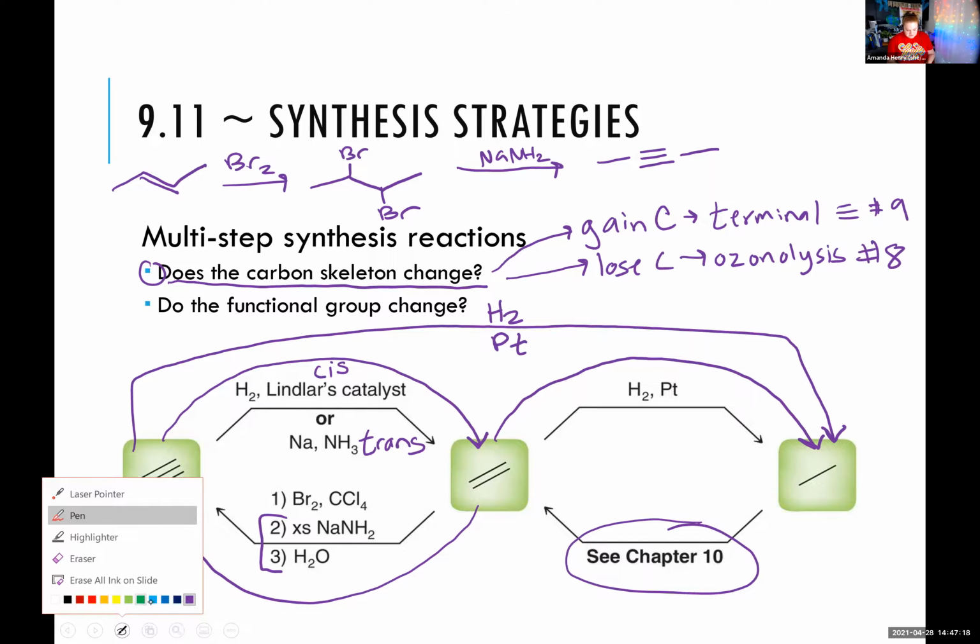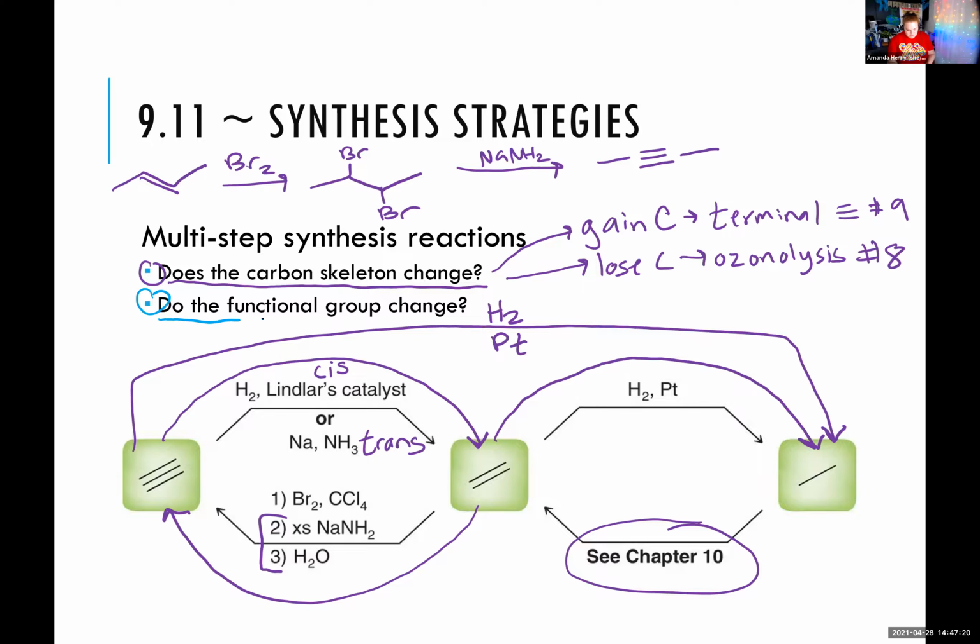The other question on this slide then says, do the functional groups change? So this is what the bulk of our reactions have been. In chapter 7, we learned how to take a leaving group off and replace it with a new nucleophile. The things that can be nucleophiles are huge. There's a huge list, anything negative pretty much.